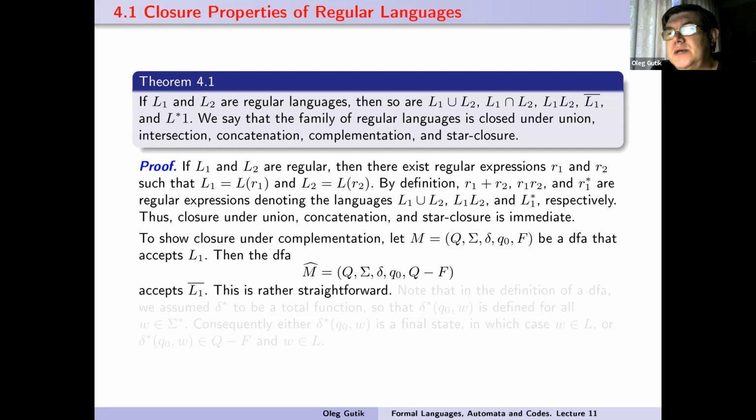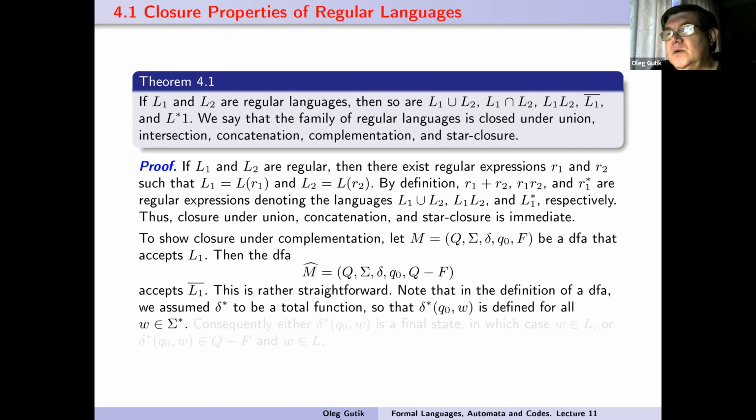This is rather straightforward. We know that in the definition of the deterministic finite acceptor, we assume the transition function delta star to be a total function, so that the image of delta star of Q0, W is defined for all words W from sigma star.